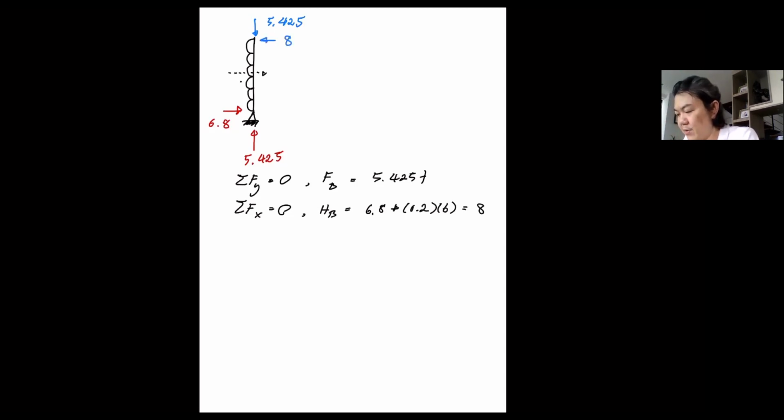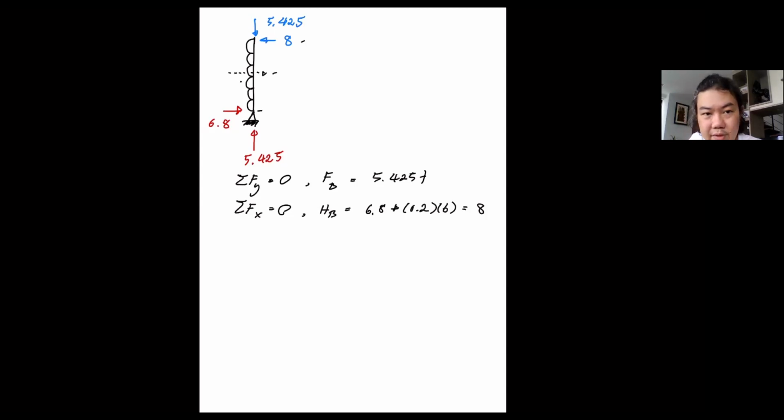Okay, so now don't forget that in the vertical direction, this is what we generally call a column, right? So the axial forces coincide, so they don't generate moment. But the problem is with the horizontal forces. This 6.8 is right here, this uniform load is right there, and the 8 is right there.